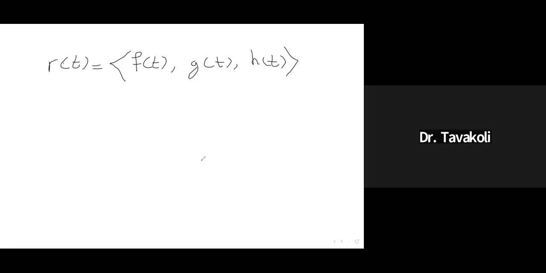Suppose this is the x, y, z coordinate system. And I assume that f, g, and h are continuous functions in the sense that we know from calculus 1. And suppose t runs from a number a to some number b.